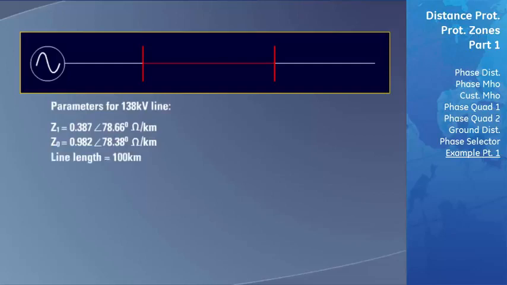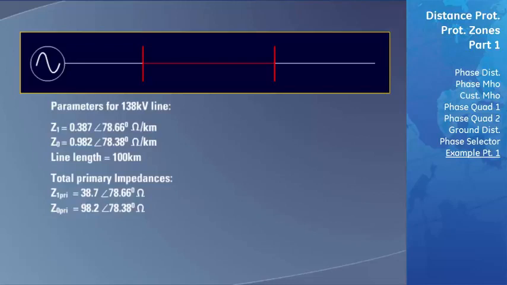The length of the line is 100 kilometers. Therefore, the total primary impedances of the line can be calculated. The total positive sequence impedance of the line is 38.7 ohms at an angle of 78.66 degrees, and the total zero sequence impedance of the line is 98.2 ohms at an angle of 78.38 degrees.